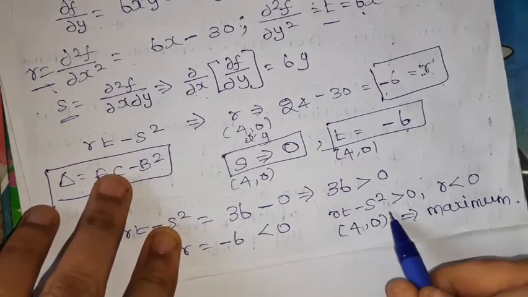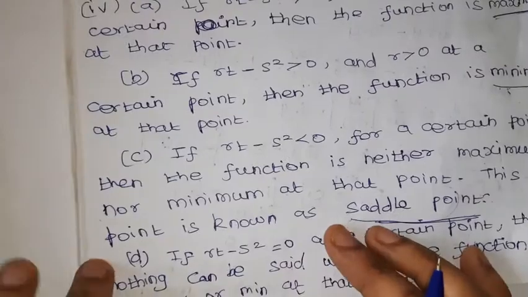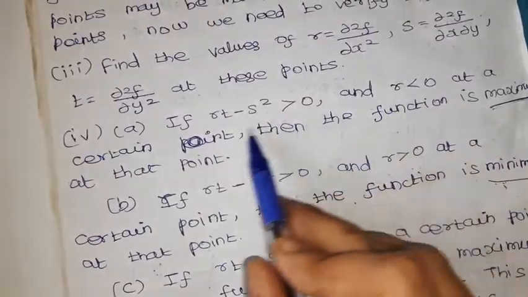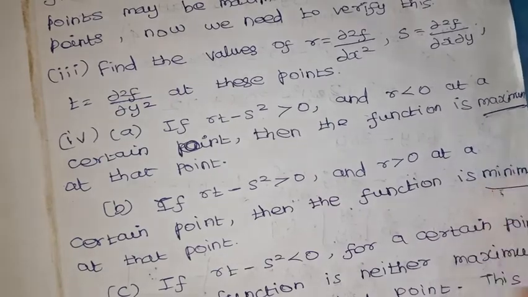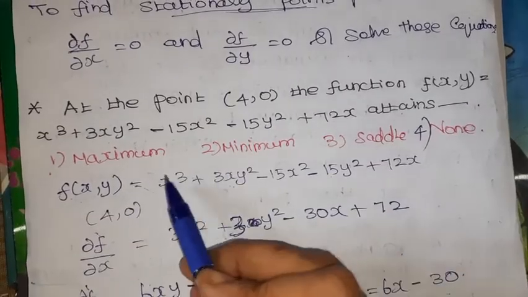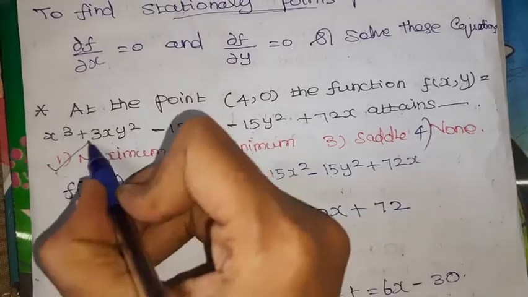If RT minus S squared greater than 0 and R less than 0, we will say this condition, the given point is maximum point. So, for this question, the point attains the maximum value, option 1, okay. Then we will move on to the next problem.